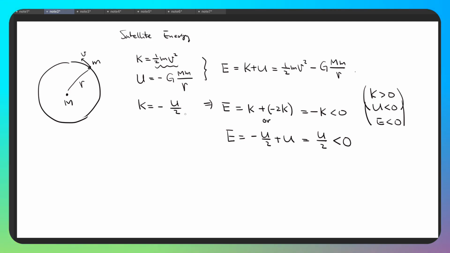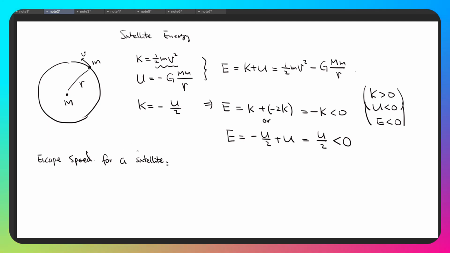All right, so now since we talked about the energy, let's talk about a concept called escape speed. And we're talking about escape speed for a satellite or a rocket. They're similar.